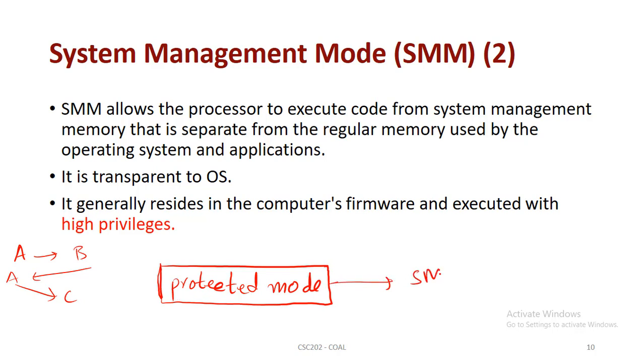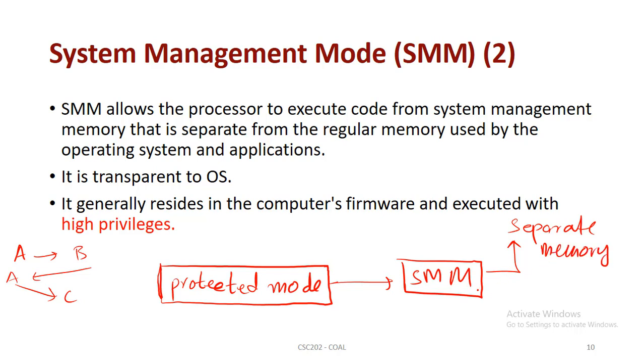In this scenario, when it is shifted to SMM operational mode, it will have a separate memory segment that will be available to the code which is available in SMM mode.